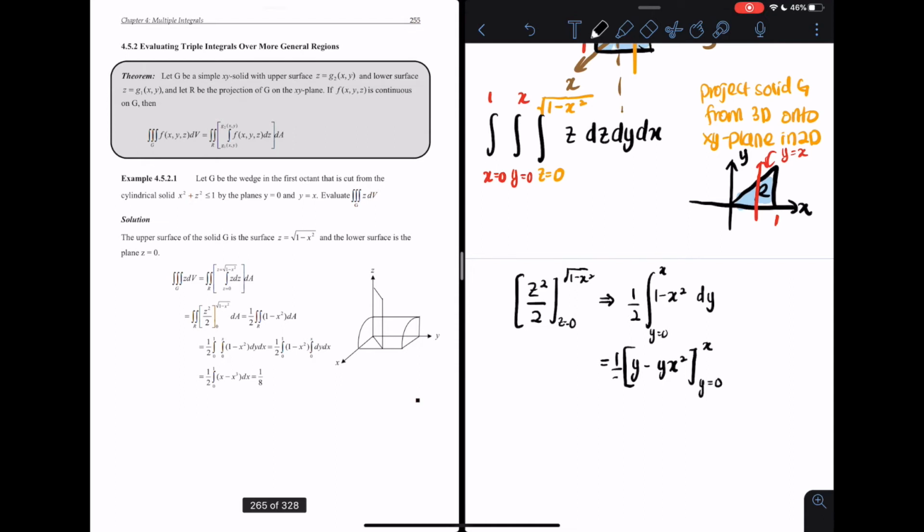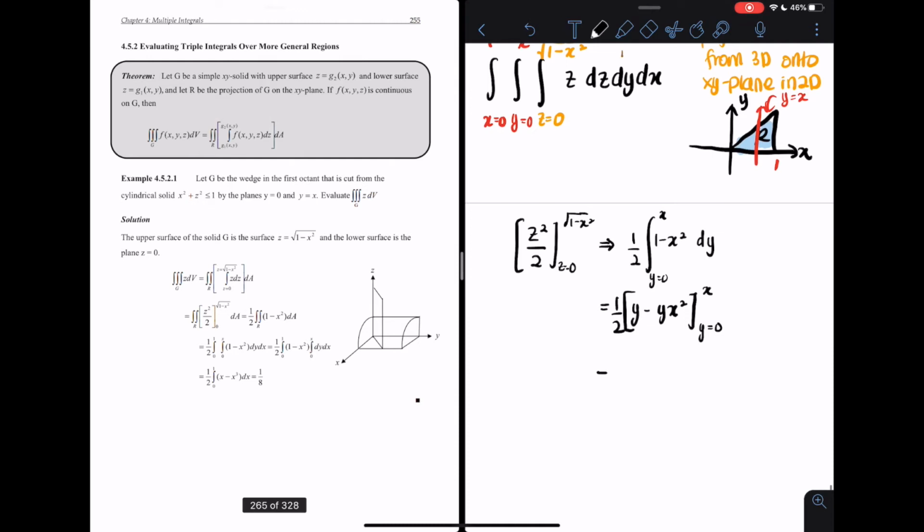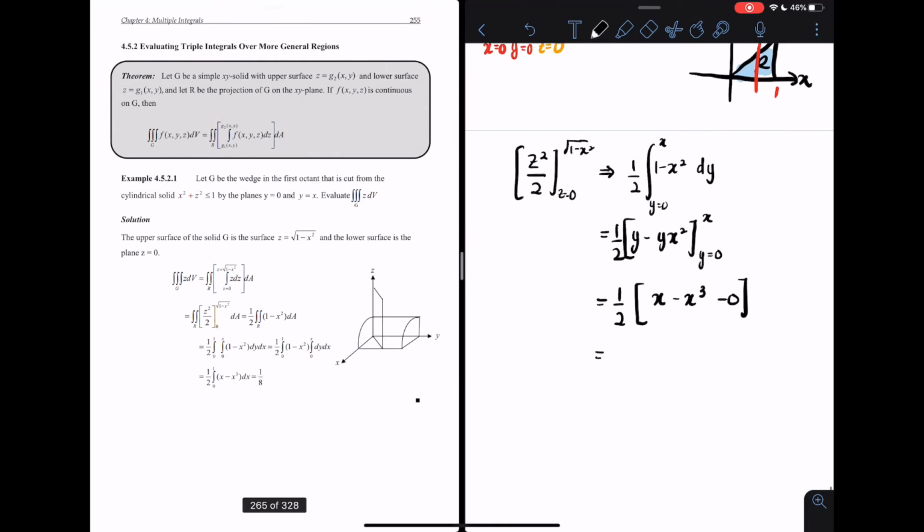Don't forget 1 over 2. From here I will get x minus x cubed minus 0. So from here I will get 1 over 2 integrate x minus x cubed with respect to x from x equal to 0 until 1.